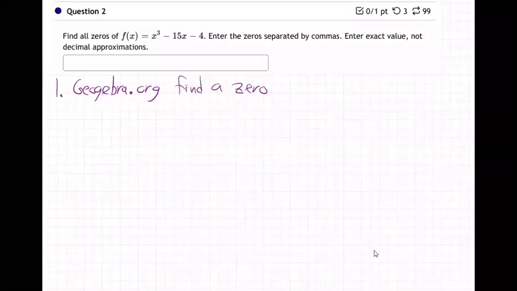All right, so we saw on the graph x equals 4 was a 0. So then that means step 2, synthetic division by x equals 4. Okay, we know how to do this. Set up synthetic division.